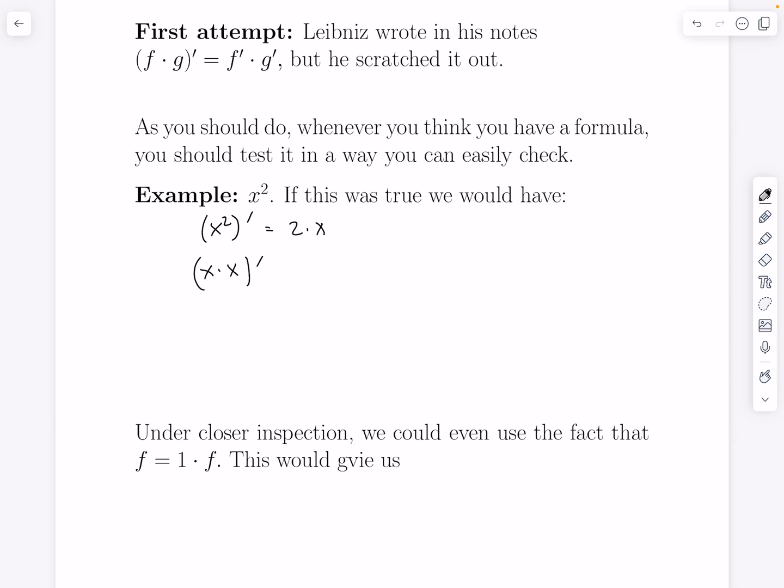So x times x prime would be x prime times x prime, which would be 1 times 1, is 1. Well, this is not 2x. Okay, so this is wrong. Yeah, again, no. Really no.